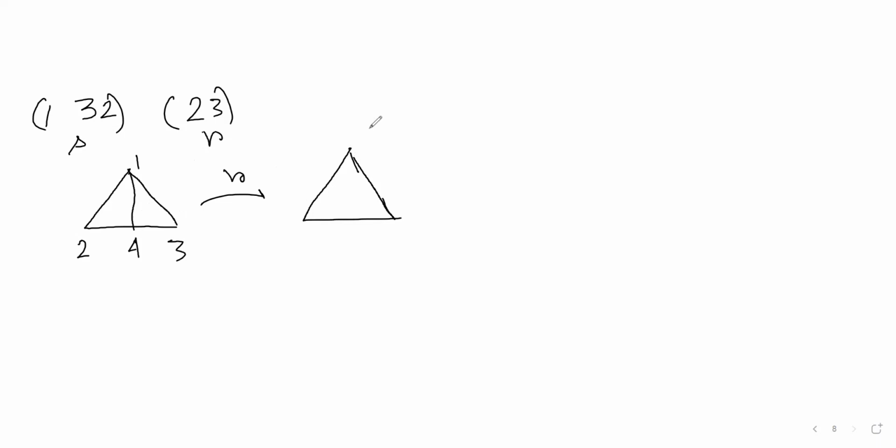So 1 is there, 3 2. This is my 1, this is my 2, and this is my 3, right? Now what do I have to do? Now I have to do the rotation S, right? Okay.